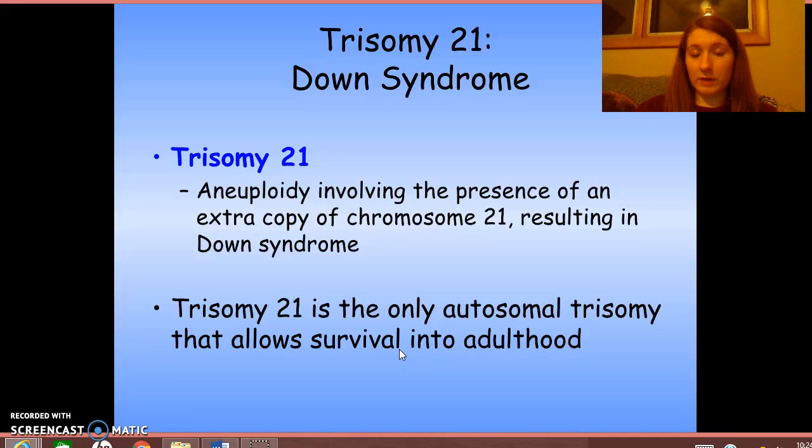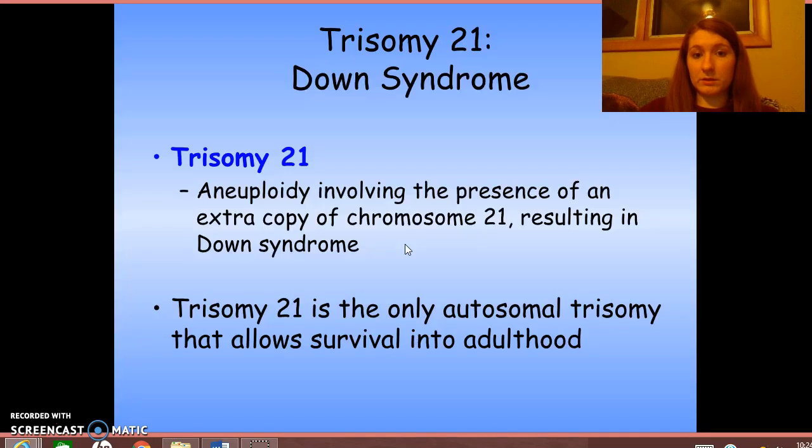An example of trisomy is trisomy 21, which we talked about in class before. Trisomy 21, or Down syndrome, results from non-disjunction of those chromosomes in anaphase. It involves the presence of an extra copy of chromosome 21.